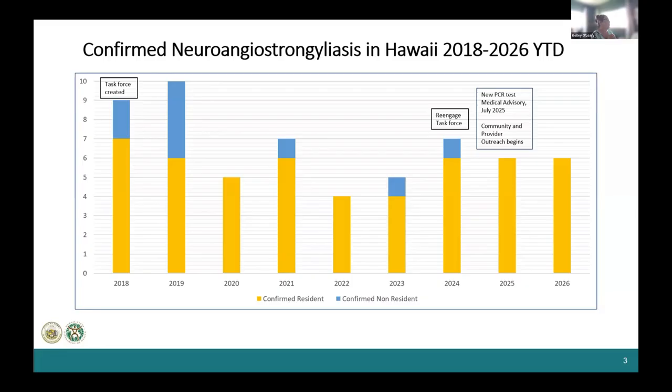We do have a probable category, and those are the ones that may have symptoms but didn't end up getting a lumbar puncture. I know it can sound scary, and so that sometimes is a barrier.